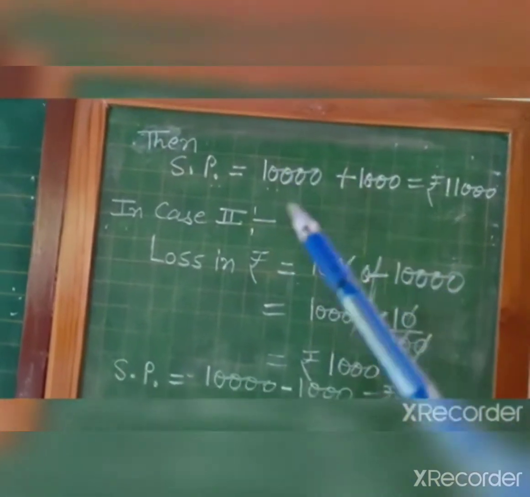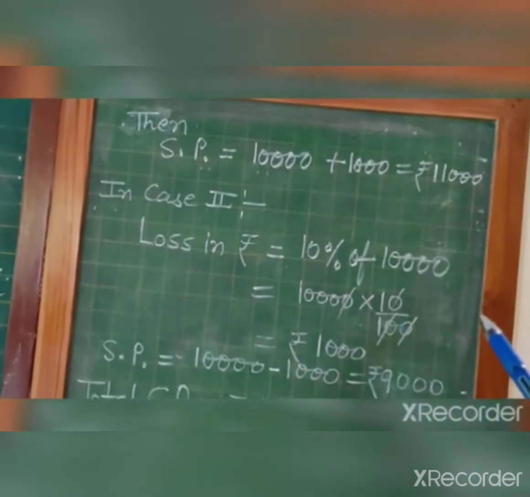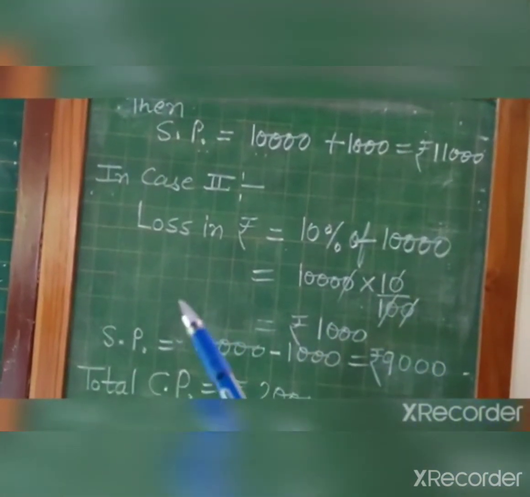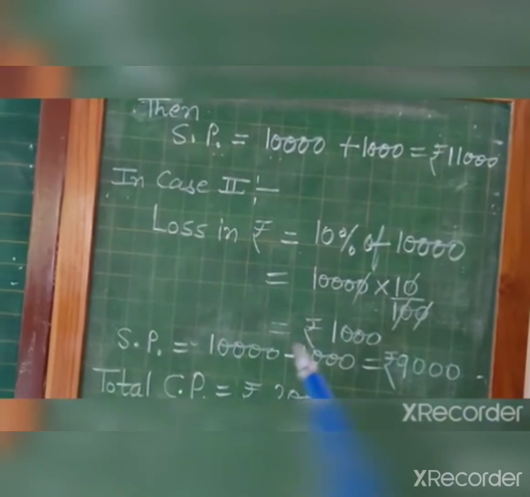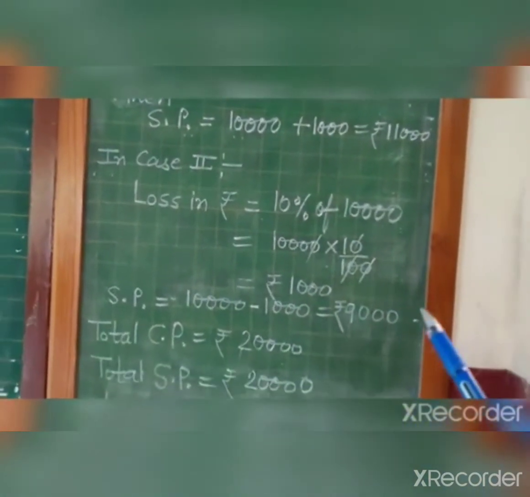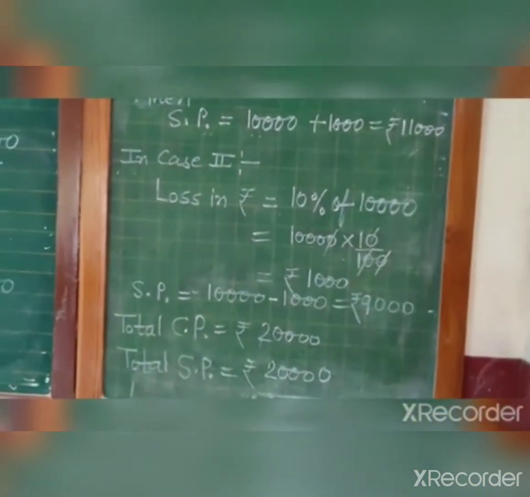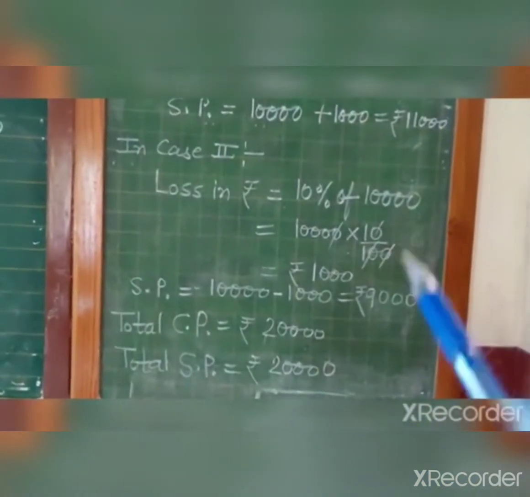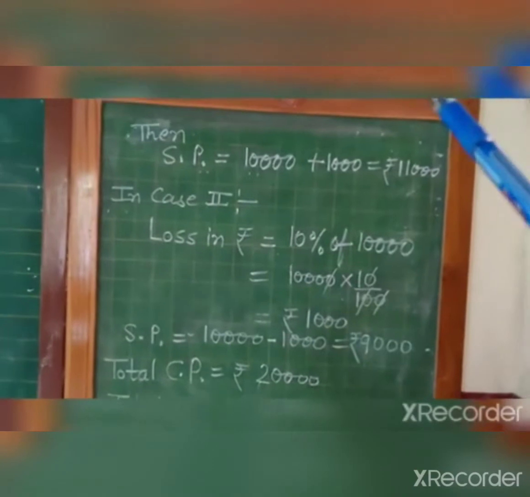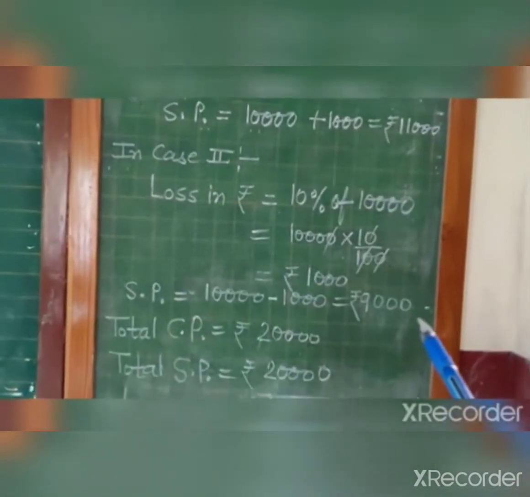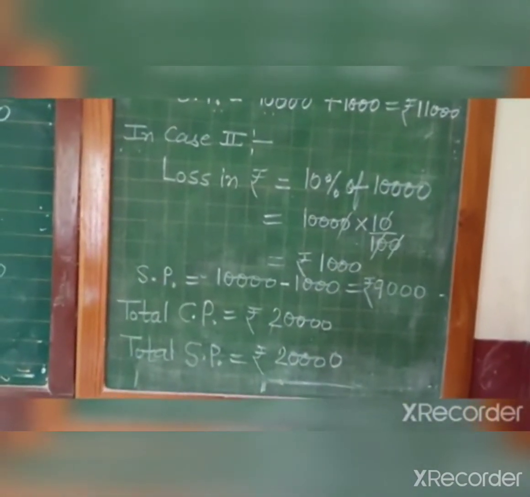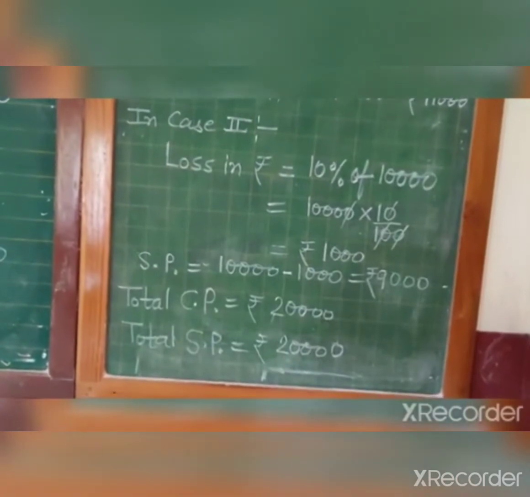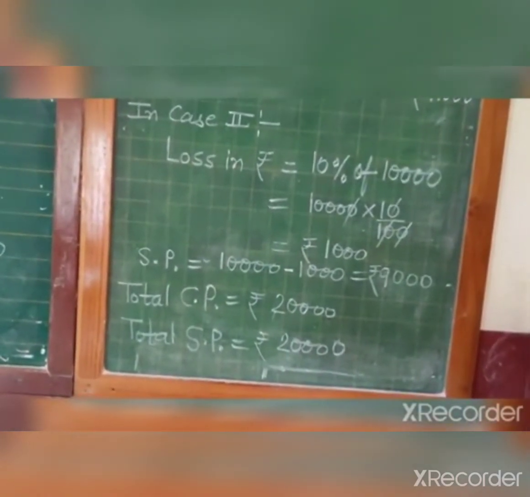Now in the second case, loss in rupees is 10% of 10,000, so rupees 1,000. So SP of the TV set is 10,000 minus 1,000, which is rupees 9,000. Now total CP of the TVs is rupees 20,000, and total SP is 11,000 plus 9,000, so 20,000. So CP is equal to SP, so neither profit nor loss.